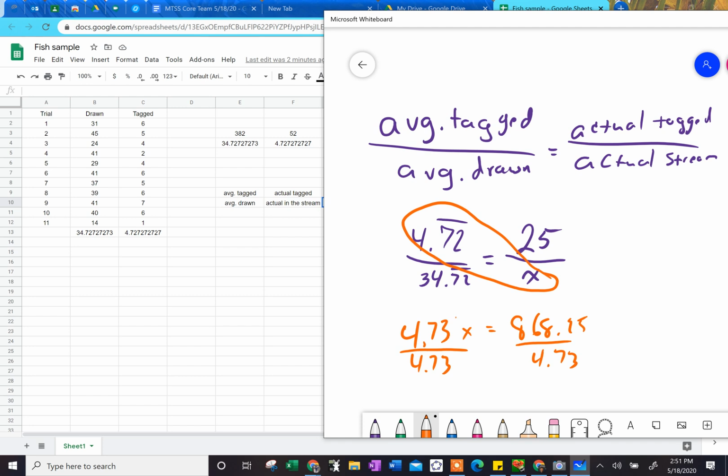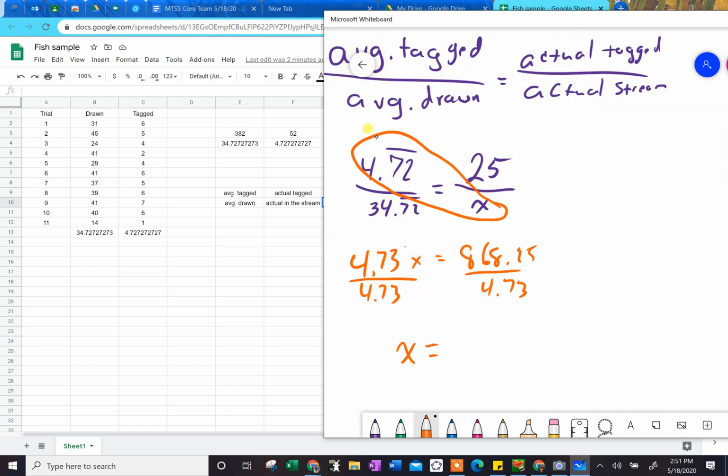And I get that there should be 183.5623679, which doesn't matter. I'm not going to keep that number anyway. I'm going to say x is about 184 fish in the stream.